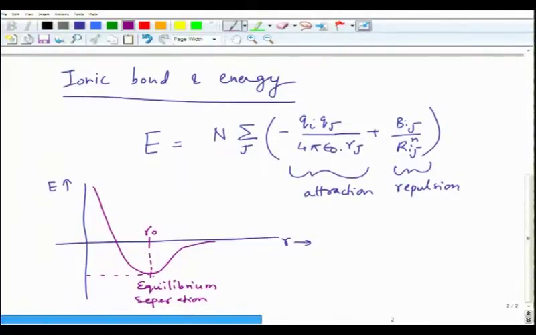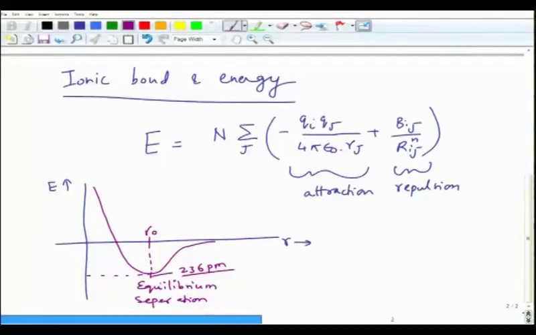NaCl has a distance of 236 picometer between the ions, and that basically implies that your solid is stable as an ensemble, structurally stable rather than isolated molecules being stable. Isolated molecules, in comparison to this curve, are going to have higher energy, as a result they are not stable.